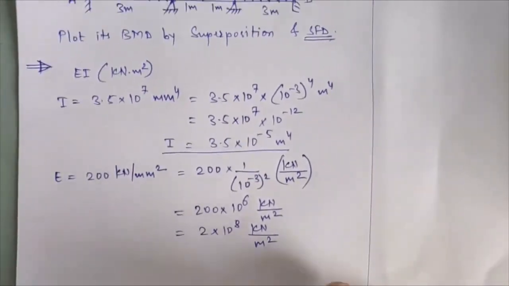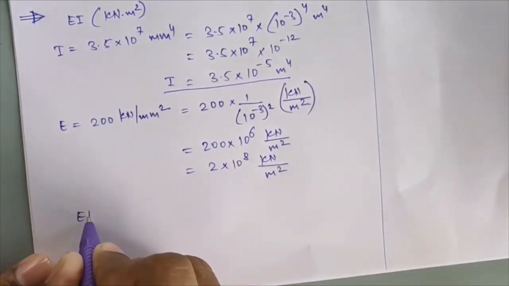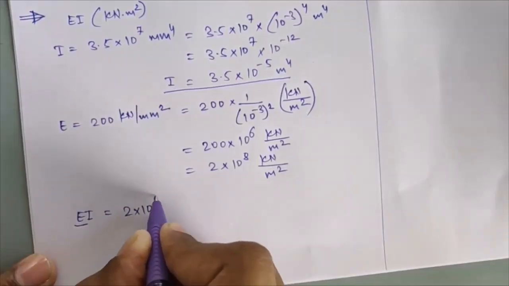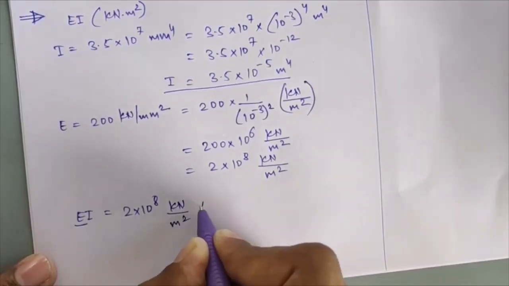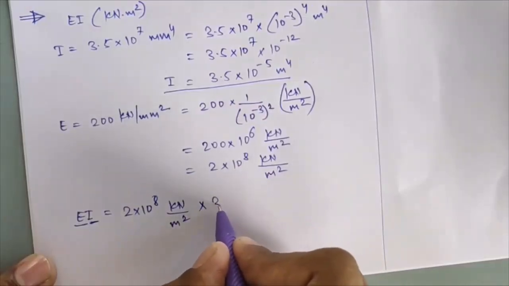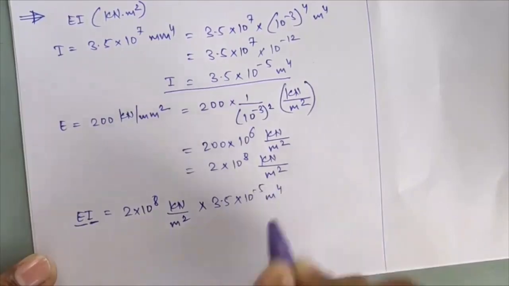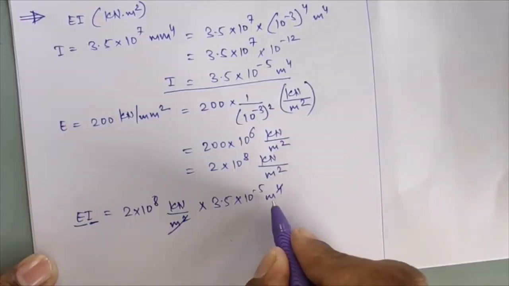Okay, now I'll take the multiplication of these two values, that is I'll require the EI value. So EI I have got equal to 2 into 10 raised to 8 kilonewton per meter square multiplied by the I value, that I have got 3.5 into 10 raised to minus 5 meter raised to 4. So here meter square and 1 meter square will get cancelled. Here meter square will remain.